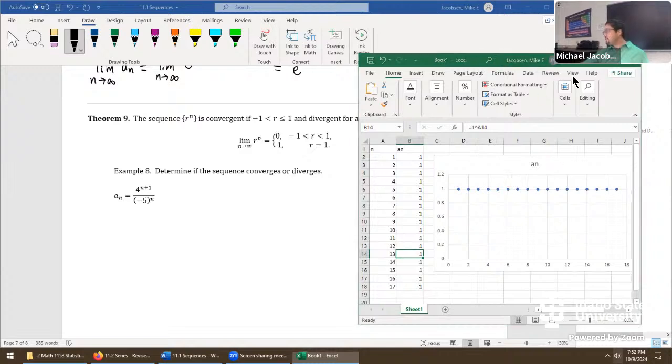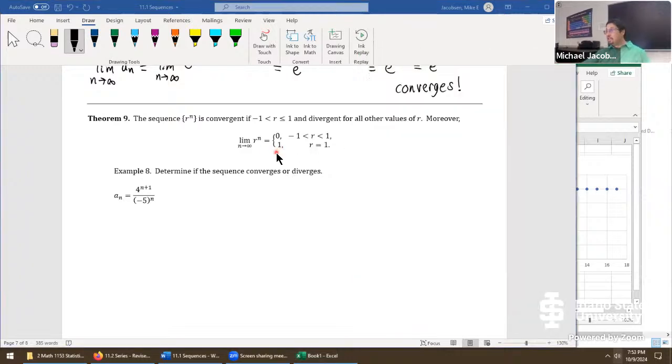But all you get is this. It's just a sequence of 1s, so clearly it converges and must equal 1. So the interesting cases are really these right here. And every time you deal with this kind of sequence, the limit is 0 in that range. Does that make sense to folks with the visualization and the formulas there?